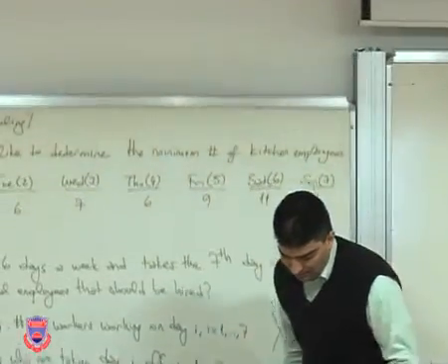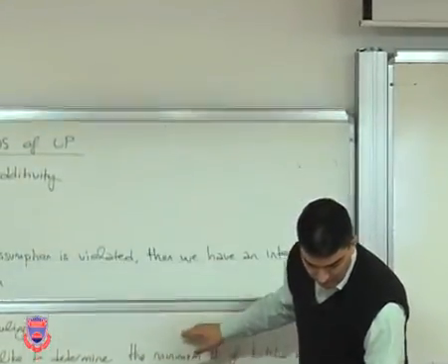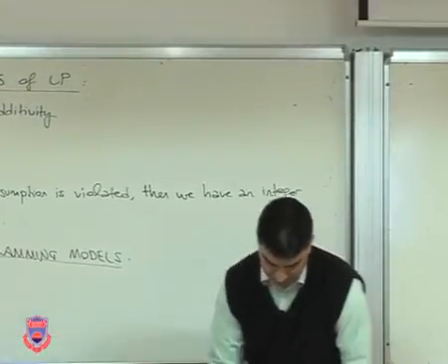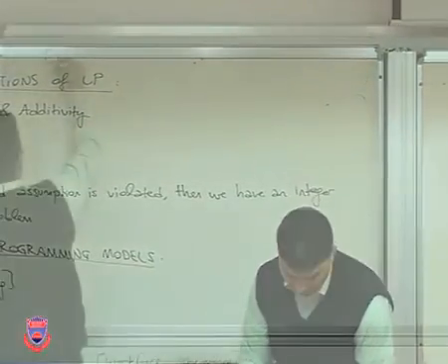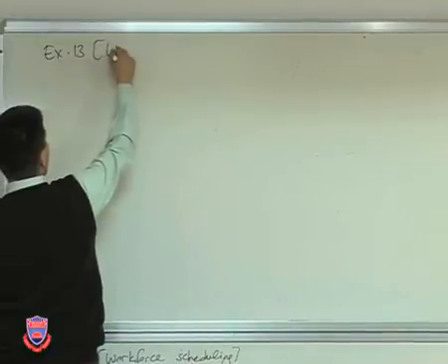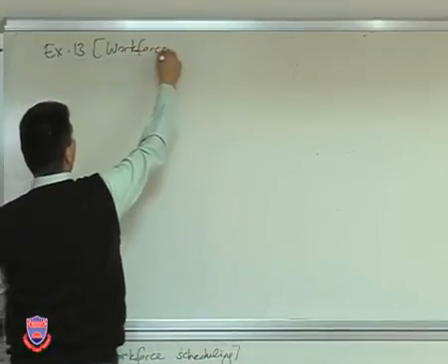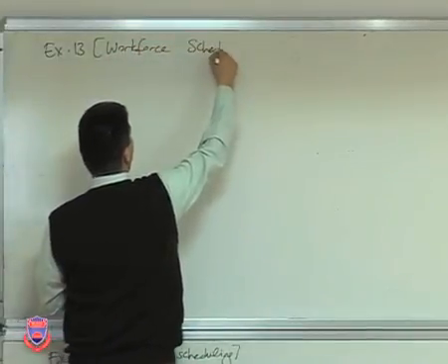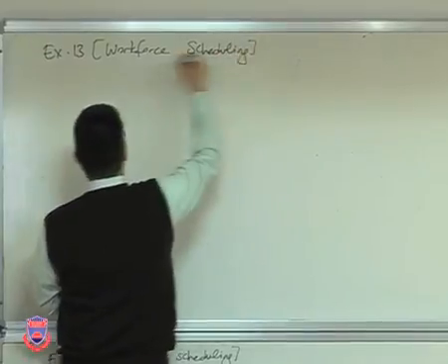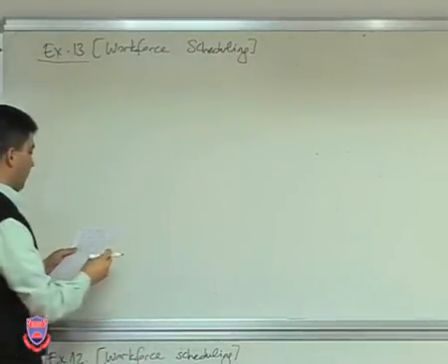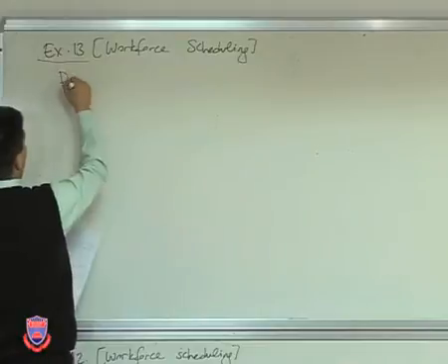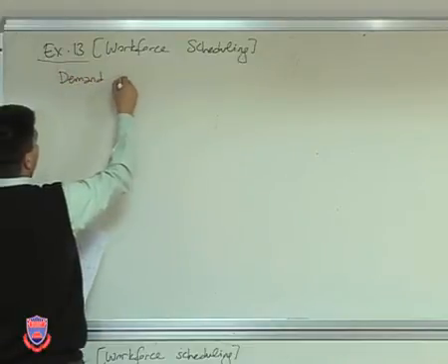So let me start defining the next problem, and then we'll take a break. And this is another example of workforce scheduling. So suppose that we had the following demand information for a shoe company.